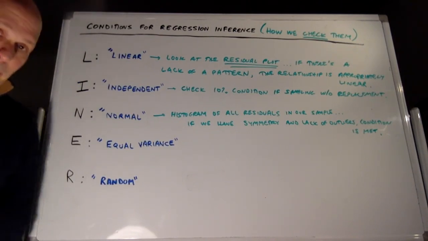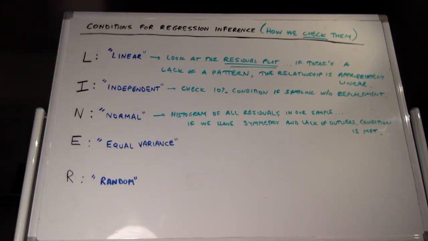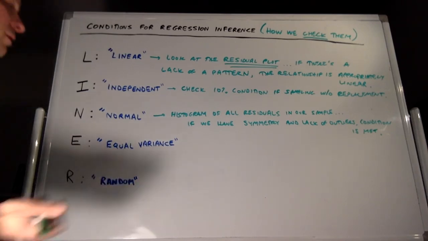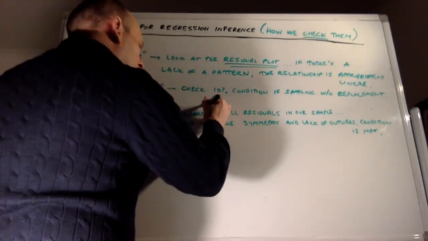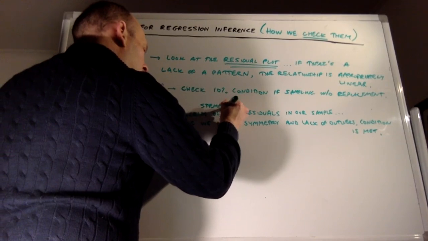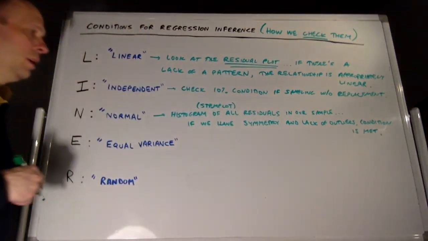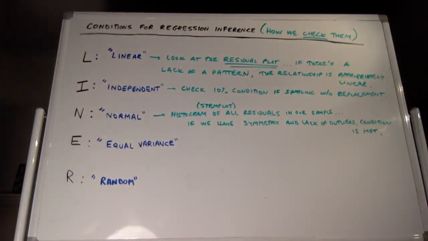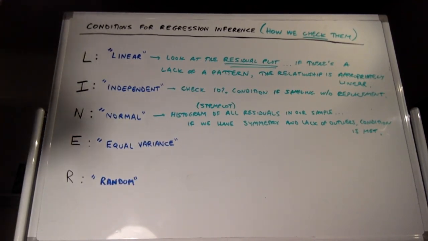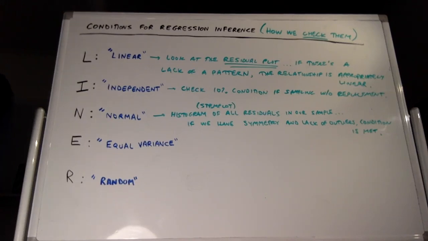It doesn't have to be a histogram. I guess you can do a stem plot or something like that. Anything that gives you the shape, right? A box plot wouldn't give the shape too well, but a stem plot does an okay job. So a histogram or a stem plot of all the residuals in our sample. If we have symmetry and lack of outliers, then the condition is met.